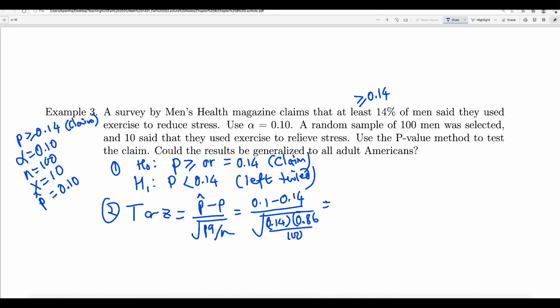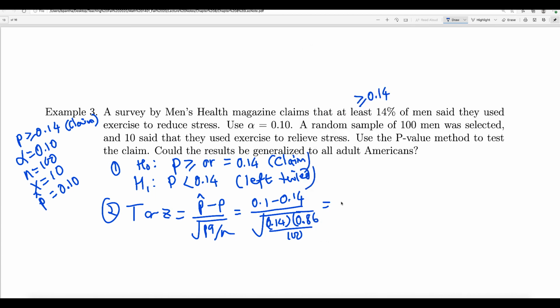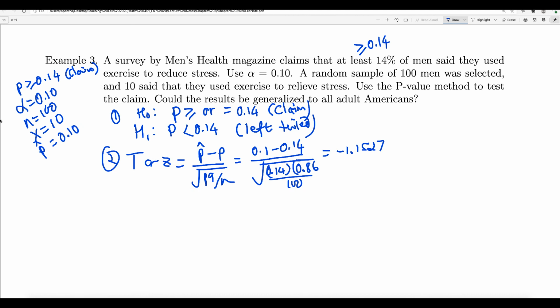Let us use the calculator. If you hit enter, you get negative 1.1527. Now in number 3, we find the p-value.